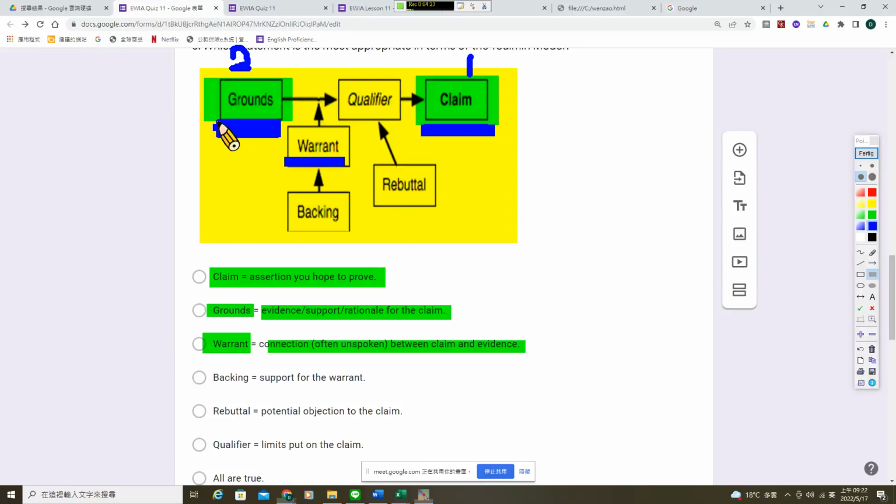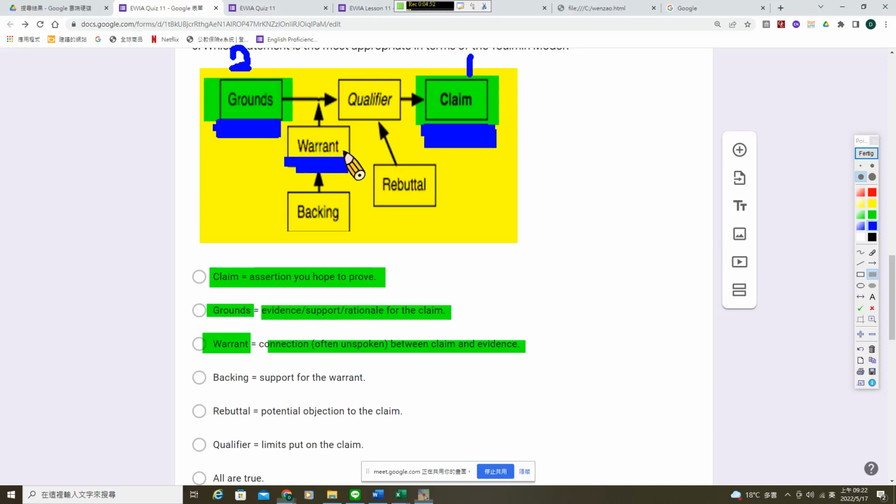I say you use 5 more hours to study per week, so you are good students. Yeah, you are a good student, right? So my warrant is a student who knows to allocate time for studying must be a good student. So you spend 5 more hours, so you are a good student. And because according to research, students spending more hours on studies normally are good students.